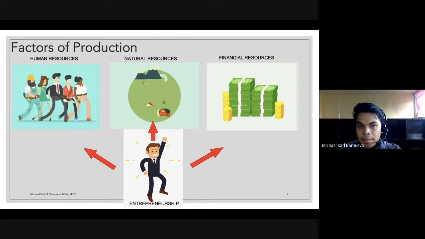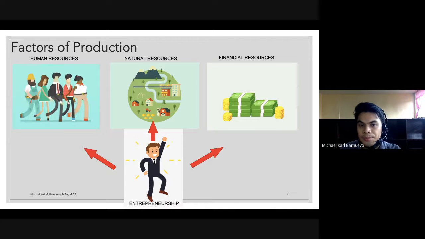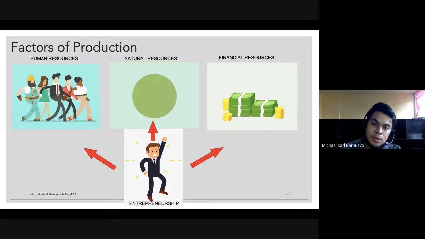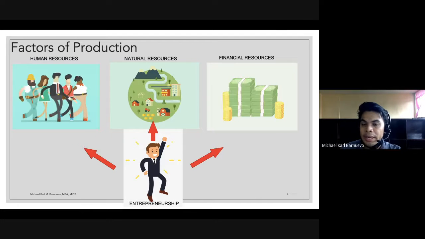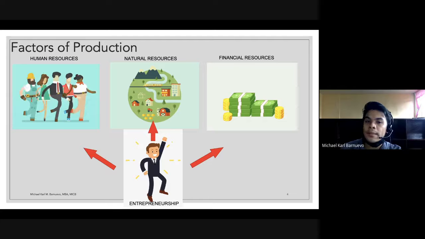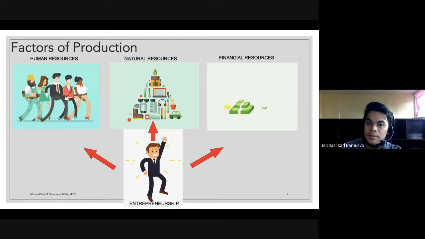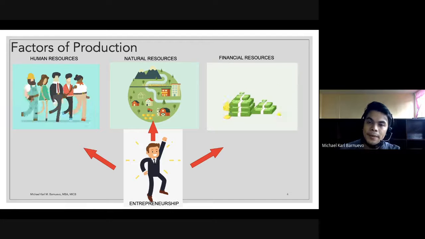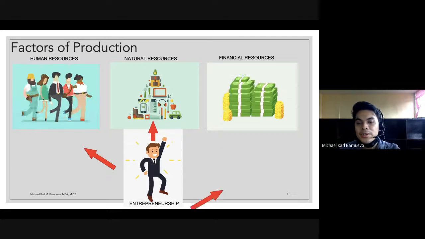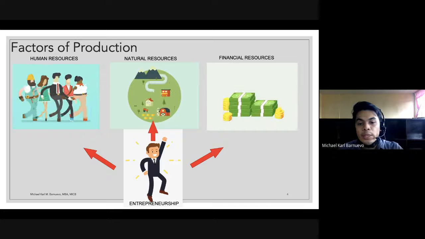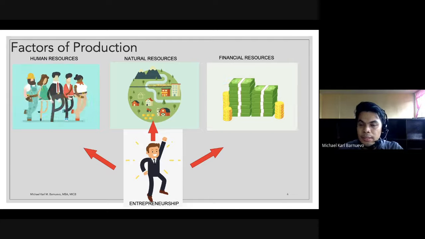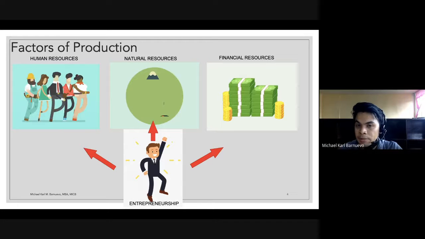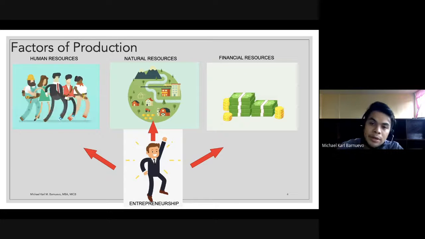How about natural resources? Natural resources, this is scarce. No? So we must maximize the raw materials to come up with the best possible number and quality of products. Okay? How about financial resources? A good entrepreneur can turn, let's say, 100,000 pesos into 1 million pesos in a matter of months by properly managing financial resources.